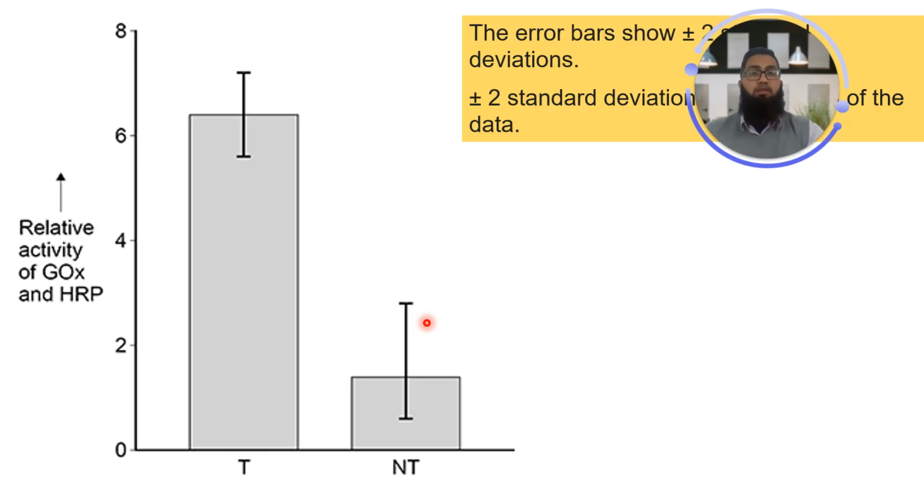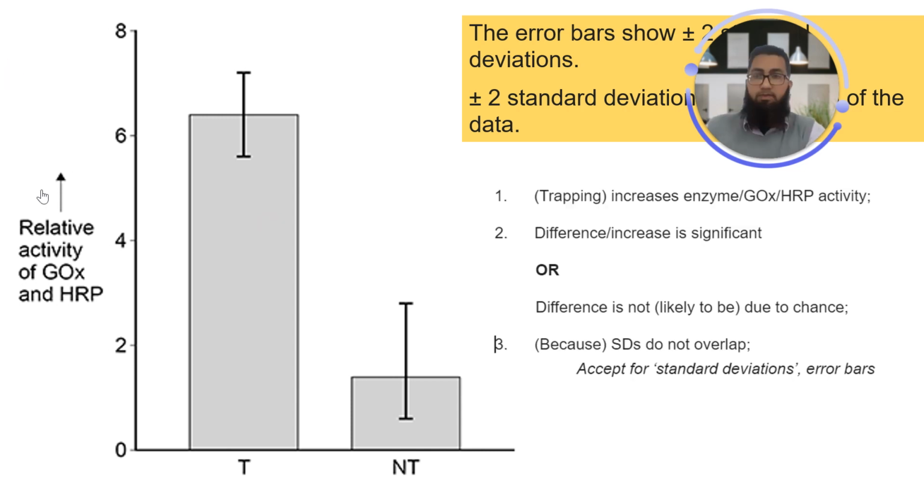So just to wrap it up, the second part of standard deviation is how to draw an error bar. If the error bars of two things are overlapping, that means there is a difference between them, but it's not significant. If they don't overlap, that means it is significant.